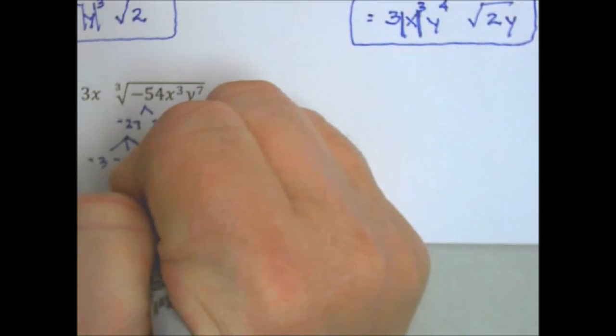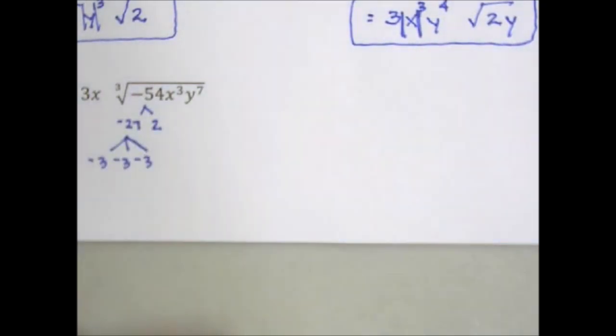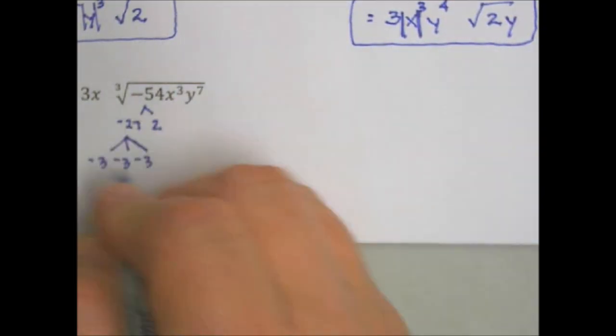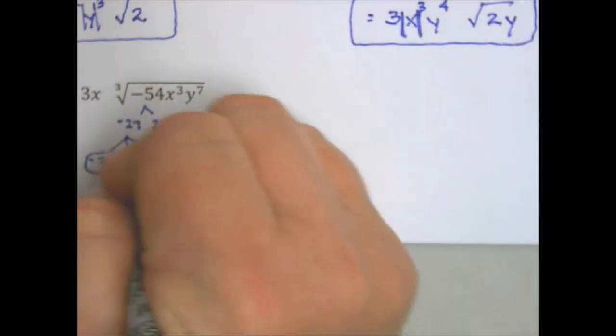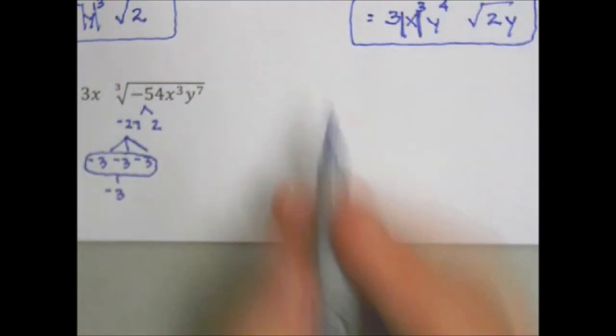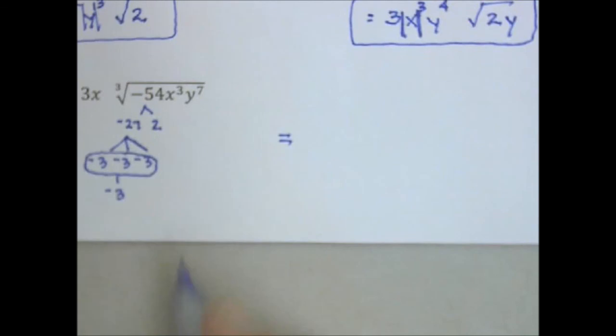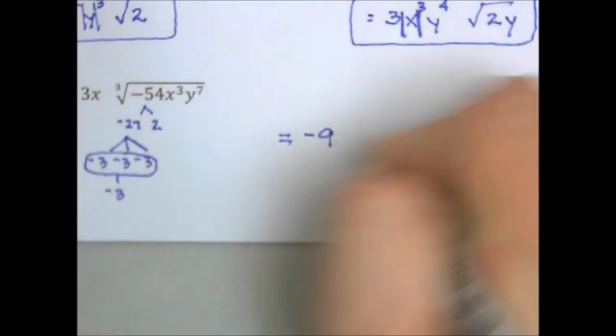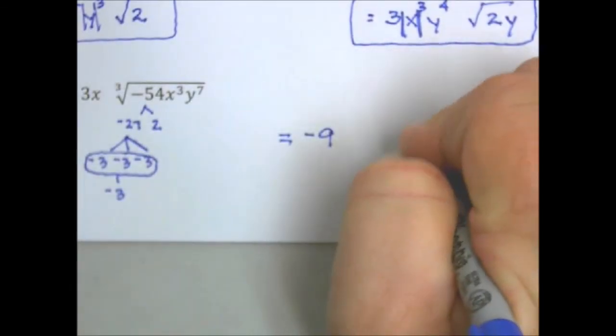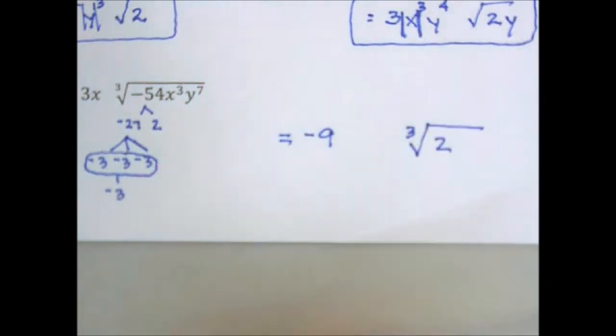Negative 27 is a perfect cube because it's negative 3 times negative 3 times negative 3. And the reason we like it as a perfect cube is because we're dealing with cube roots. So a negative 3 would come out, and it would join the positive 3 that's already out there. So I know I have negative 9 on the outside, and I know I'm left with a 2 on the inside.